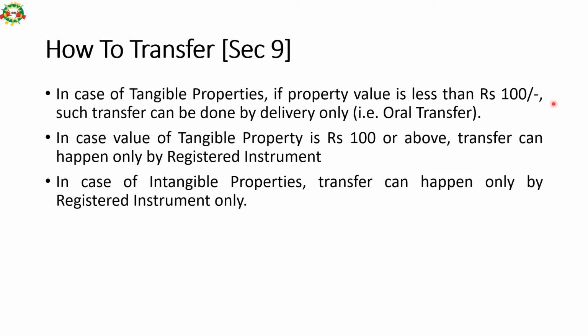There is no requirement of creating any registered document for transferring tangible property. However, if tangible property is of rupees 100 or more, then a registered instrument is mandatory as per TP Act section number 9. However, in case of intangible property, transfer can happen only by registered instrument. So even if a single rupee of transaction transfer of intangible property is happening, a registered document is required.